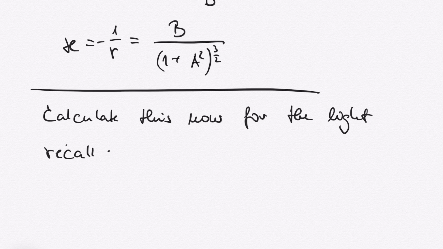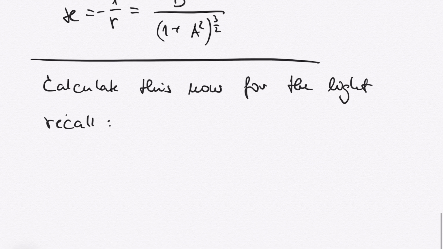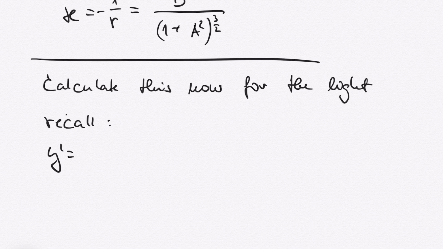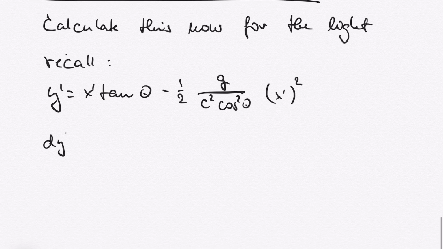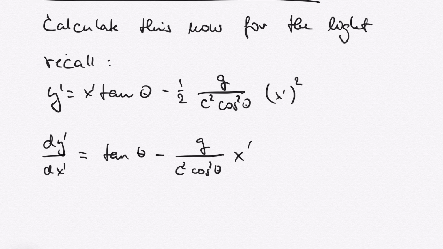Now let's get back to the light trajectory. We had this trajectory, we had its second derivative, and we had its first derivative. This was the trajectory, y prime equals x prime tangent theta minus 1/2 g over c squared cosine squared x prime squared. Now let's evaluate the first and the second derivative at x prime equal to 0. So this is the first derivative, this is the second derivative.